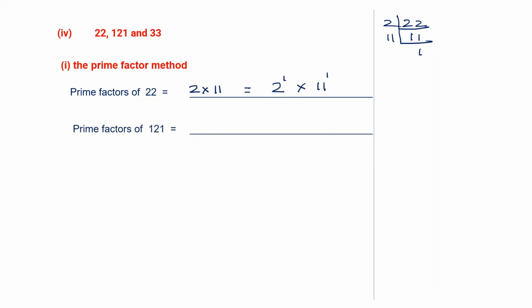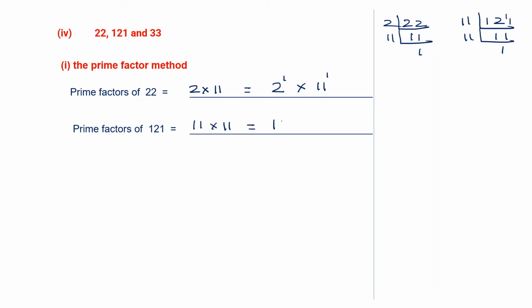The next number is 121. Now we can divide this with 11. 11 ones are 11, and then we have 1 carried over. Again we have 11. 11 ones are 11, and then again you divide it by 11. So what are the prime factors of 121?